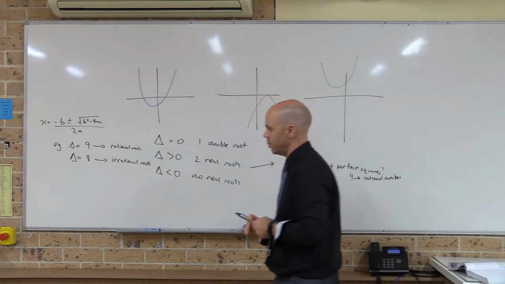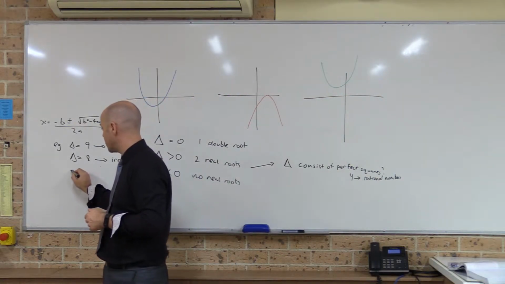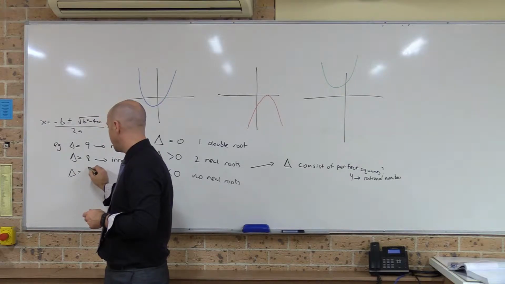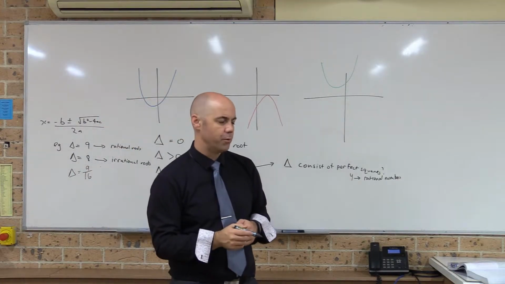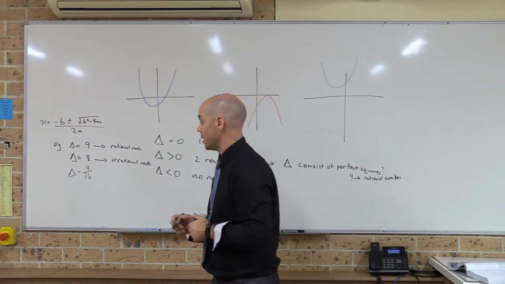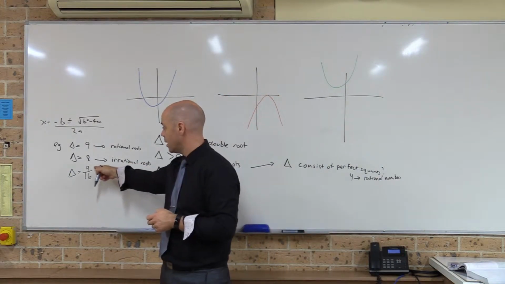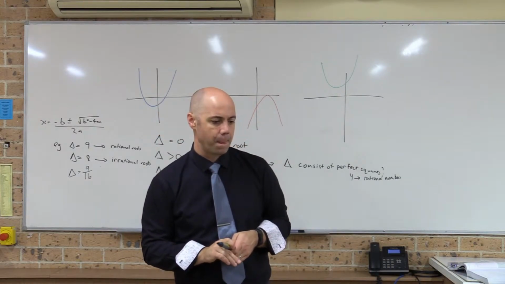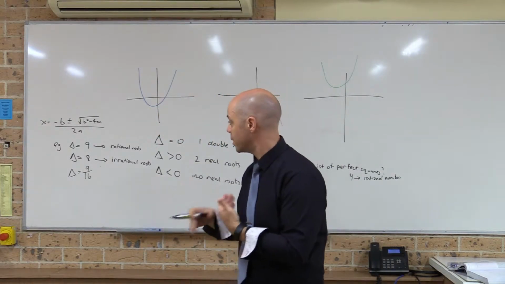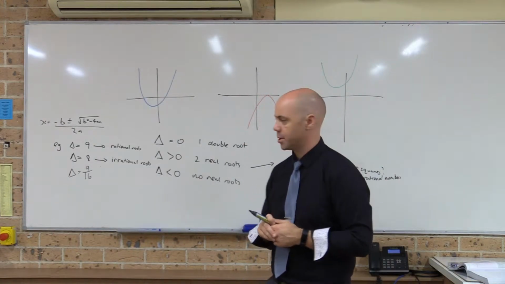Or they consist of perfect squares. You may have the discriminant equals 9 over 16, but they are made up of perfect squares. So when I take a square root of 9 over 16, it'll be 3 over 4. Okay, and so if we've got perfect squares, we're going to have rational roots.